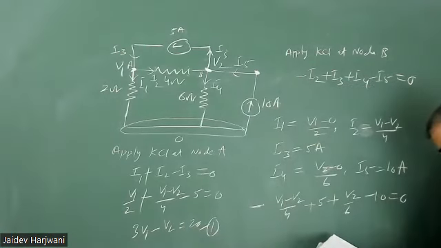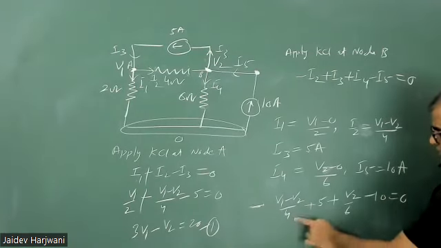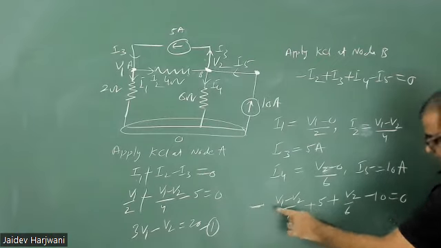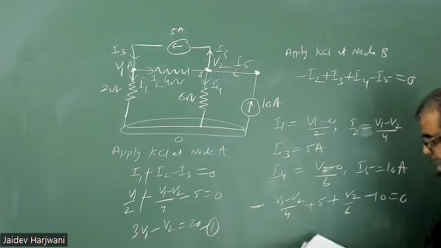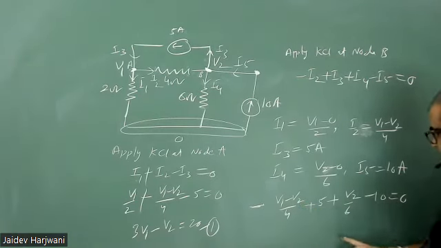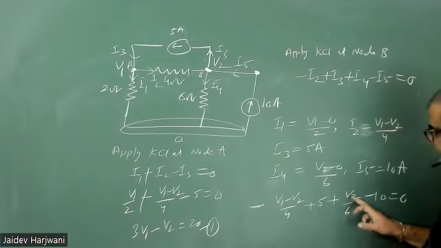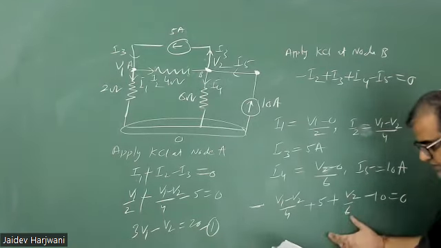And if you solve this equation, if I take 12, it is 3v1, okay, very good. 3v1 will come 3v1, and this will come 3v2, and this is 2, 5. So tell me what equation I should get.